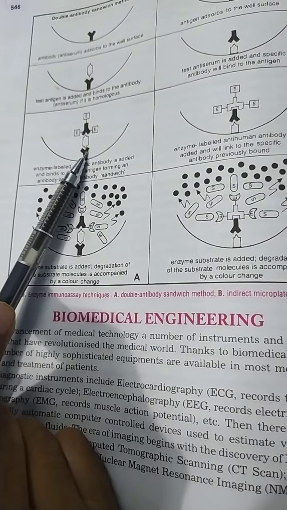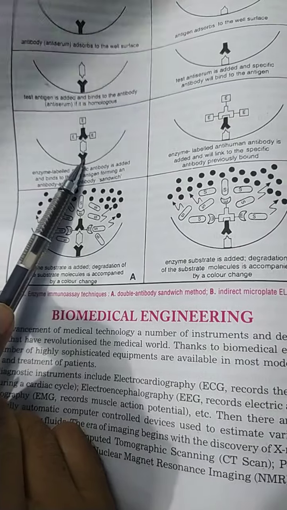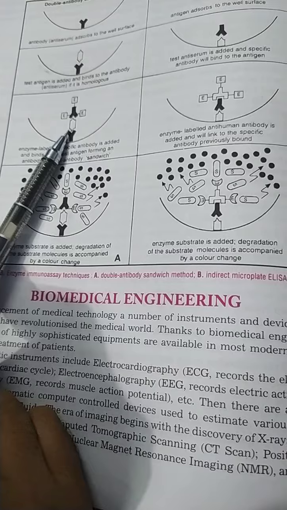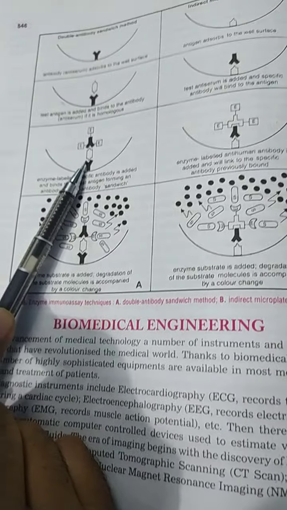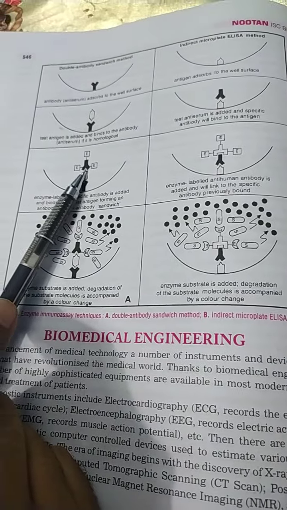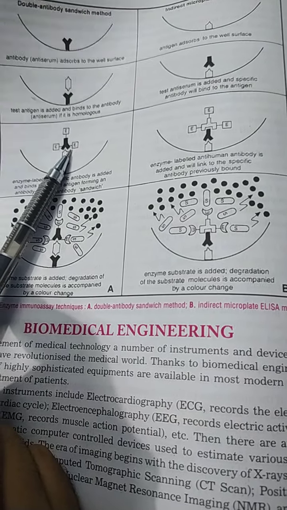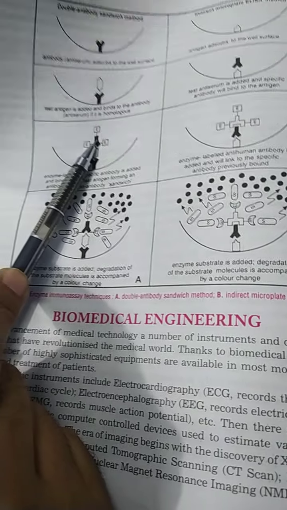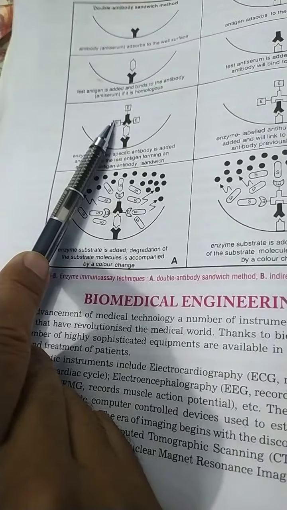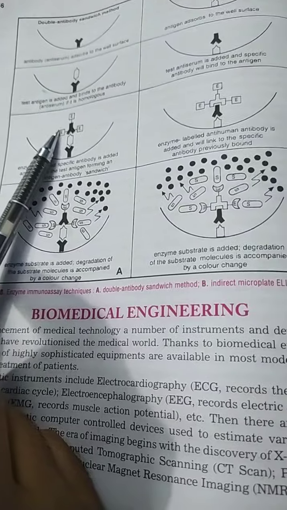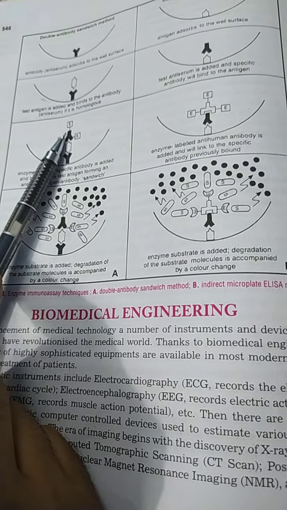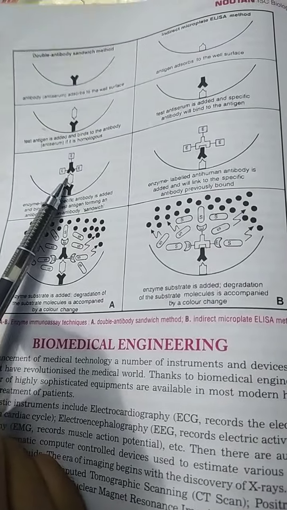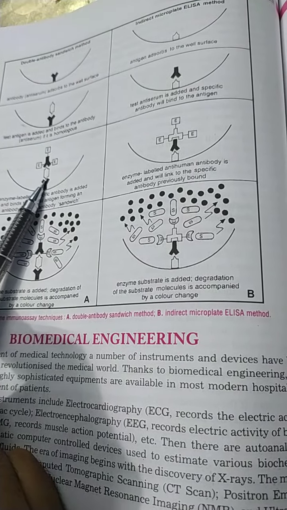So this antibody is immobilized, it cannot move, and onto it the test antigen has come and stuck. Then enzyme labeled specific antibody is added. This is a specific antibody, children, and it is enzyme labeled. Can you see here? 1, 2, 3. The enzymes are labeled here, and this antibody binds to the antigen already fixed onto the antibody.